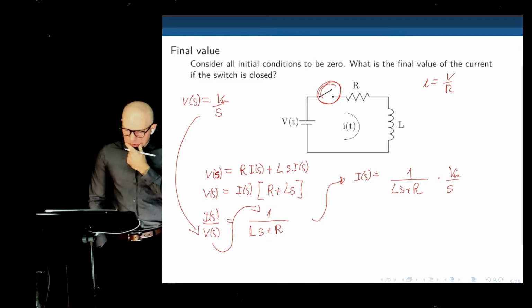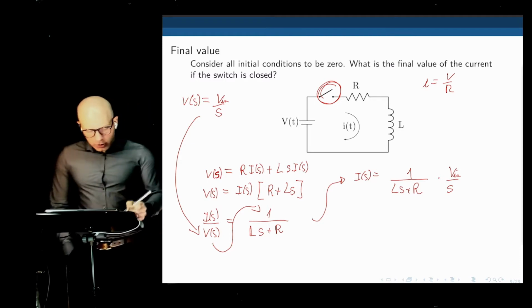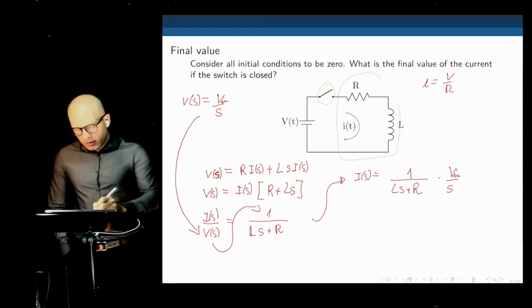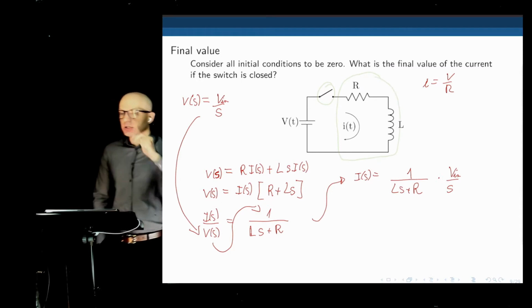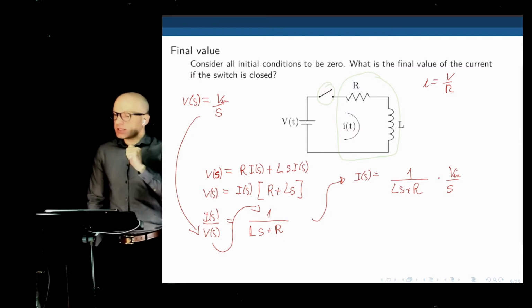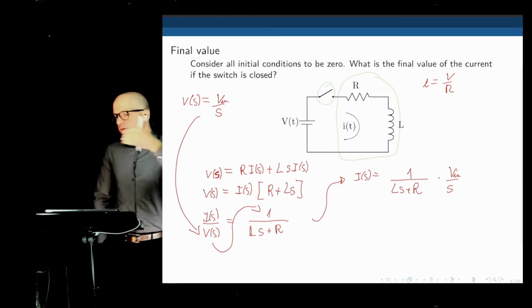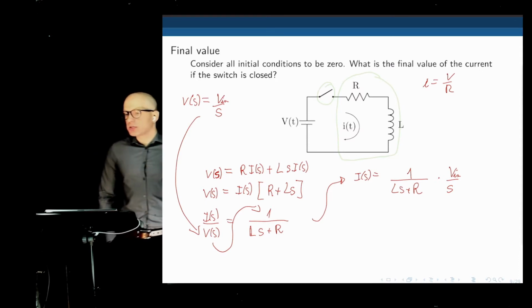Sorry, sir, I just missed why V of s is equal to V in over s. That's right. So we are closing this switch. When you're closing this switch, the circuit will receive a voltage that is turned on and held constant. So that's a step input. From the circuit's perspective, the circuit receives the voltage and the voltage remains constant over time.